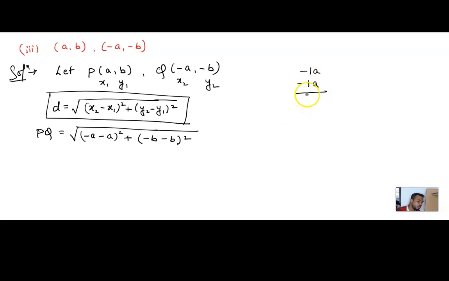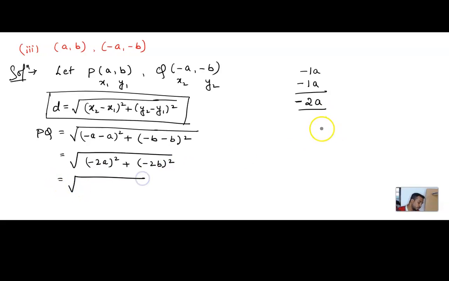Minus 1A minus 1A. If both are minus, we should add, but we should write the minus sign as it is. That is minus 2A. So minus 1A, that is nothing but minus 2A whole square plus minus 1B, that is minus 1 minus 1, that is minus 2B whole square.